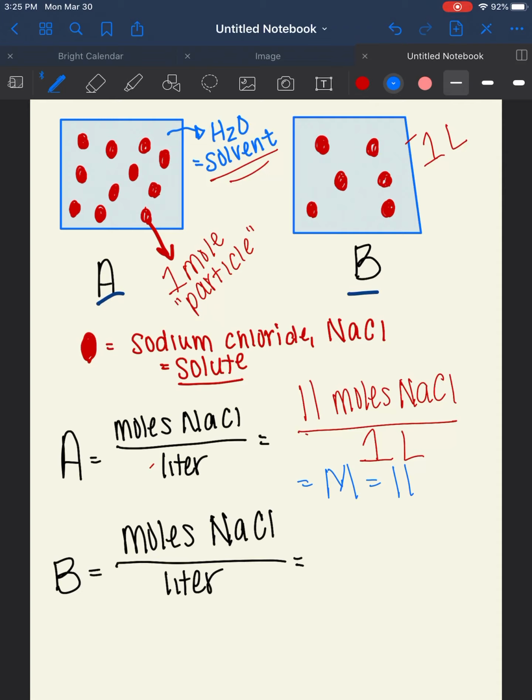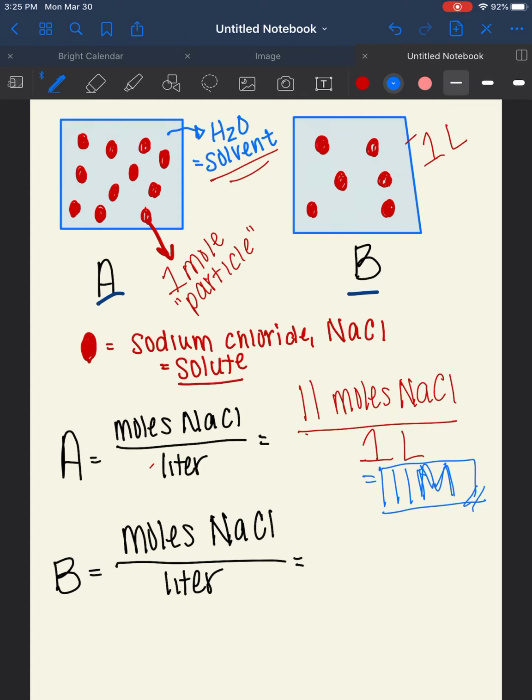I ran out of space here, but if you go into the lab, this is considered an 11 molar solution.